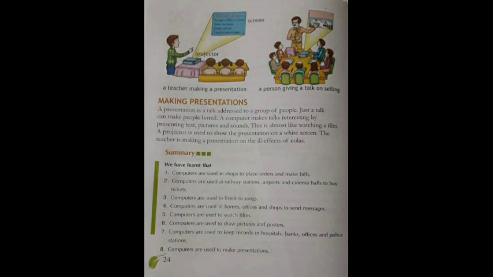And number 5, computers are used to watch films. Number 6, computers are used to draw pictures and posters. Number 7, computers are used to keep records in hospitals, banks, offices, and police stations. And number 8, computers are used to make presentations.